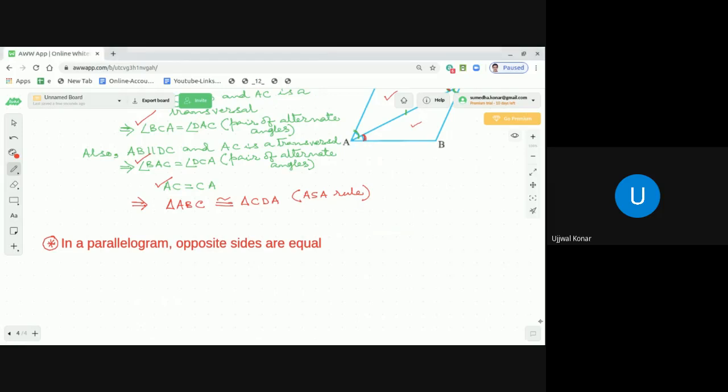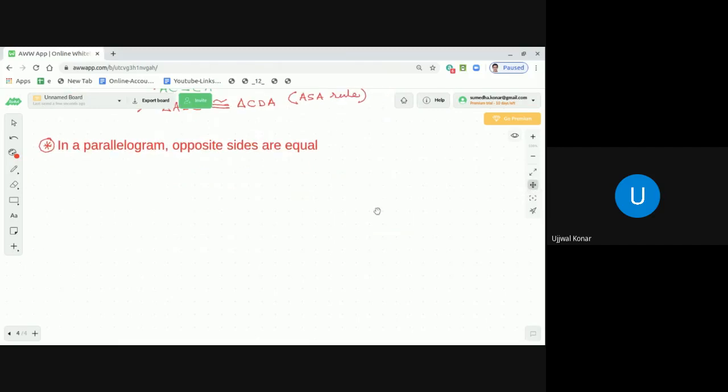So, if I draw a diagram for that, from the previous theorem it is something like this.